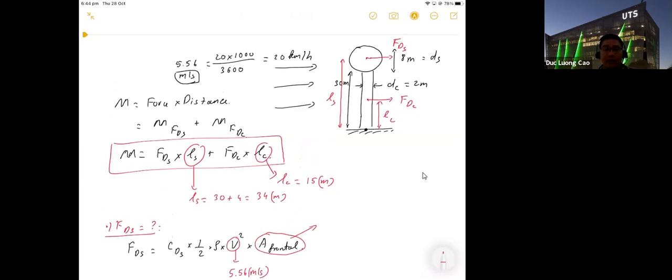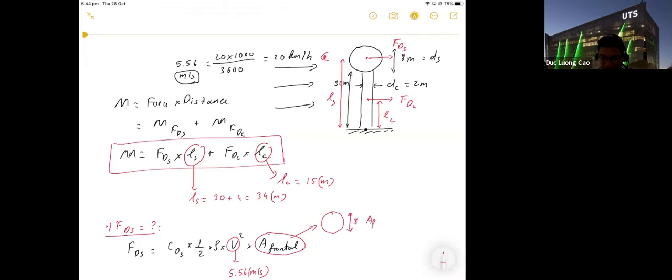Frontal area. You have a sphere. So the frontal area is what you see from the side view, from left to right or right to left, which is the same. So the frontal area in this case is a circle with diameter 8.